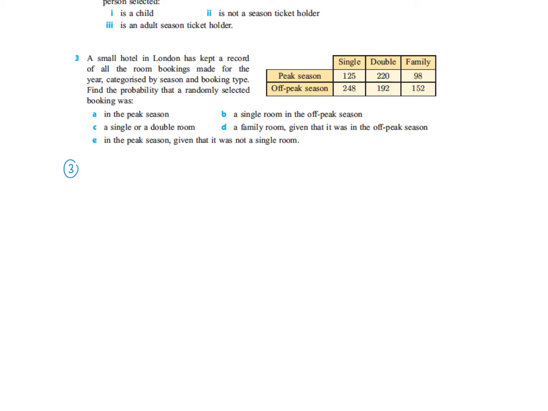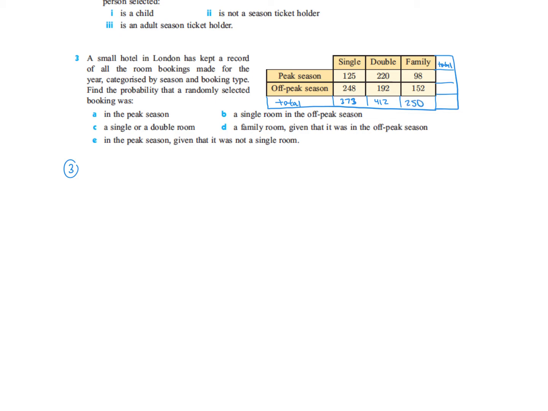So first thing that I would do is I would make a totals column here. So the total single is 373. That doesn't look like a 3 though. And then the total double is 412. The total family is 250.